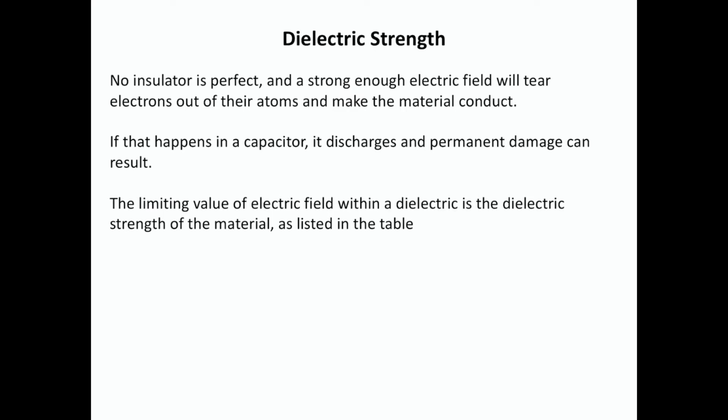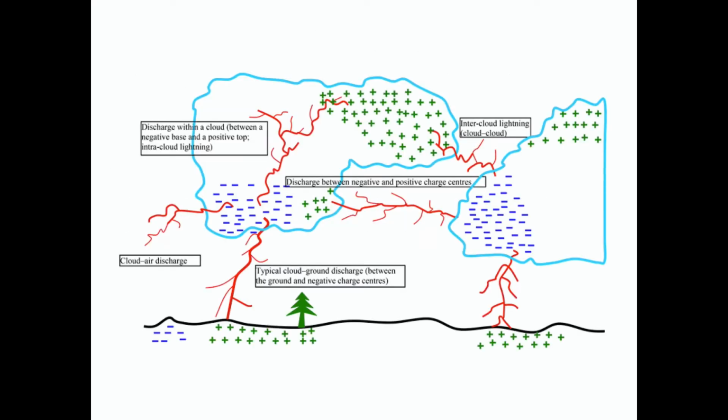Dielectric strength, we just looked at it. This is exactly what lightning means. Lightning is dielectric breakdown. It means the electric field is so strong here, it breaks down the air molecule. So the air molecule, say nitrogen, breaks down: one becomes nitrogen negative, one is nitrogen positive.